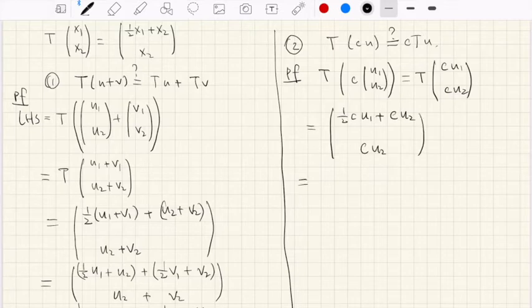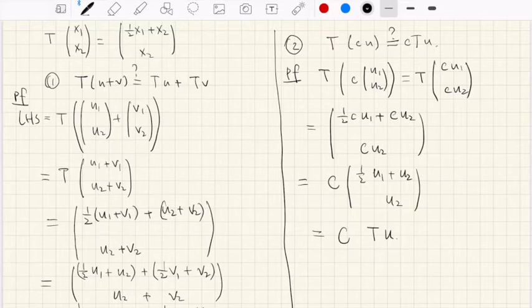And then we want to separate that. Oh no, this time we cannot separate anything. But what we can do is take out C. From vector multiplication, this is the same as taking out C and 1 half u1 plus u2, and this is u2. So that gives me, by definition, C times TU.